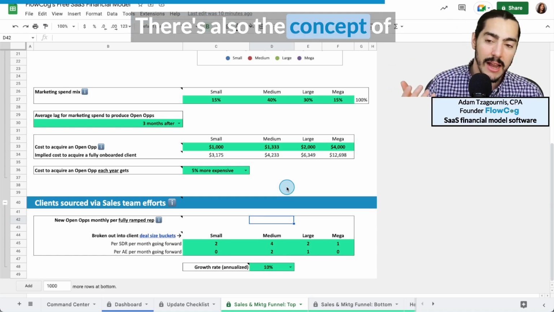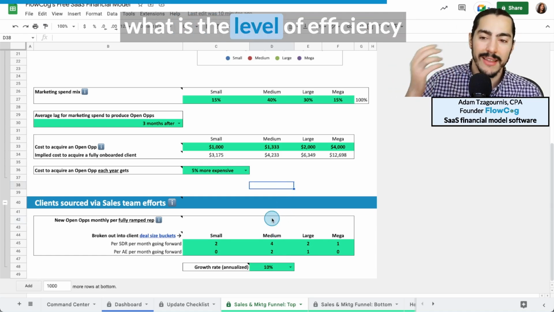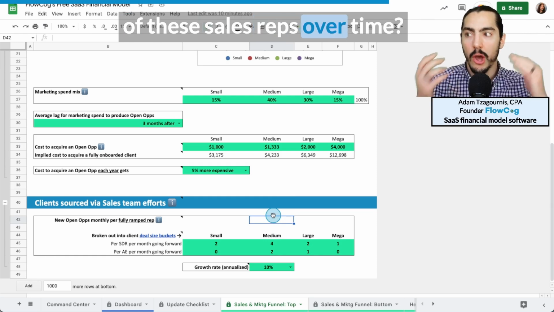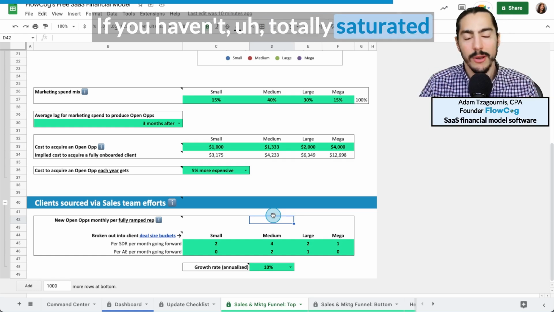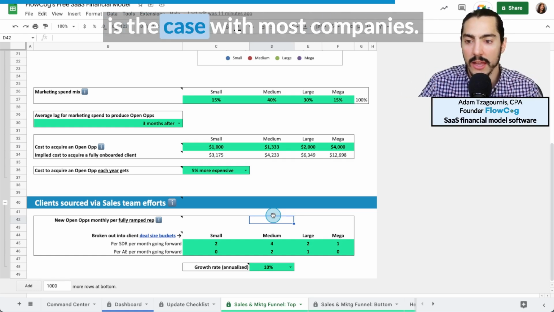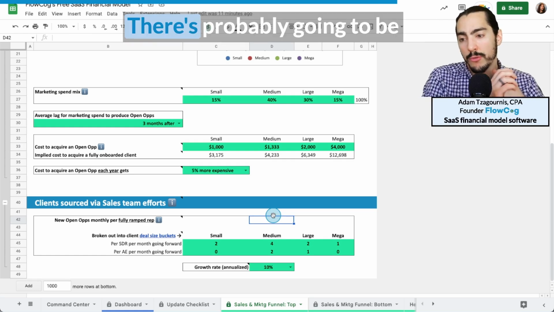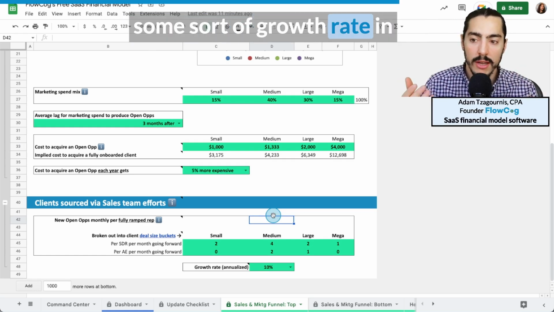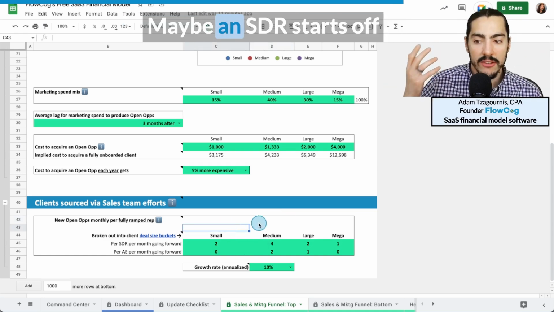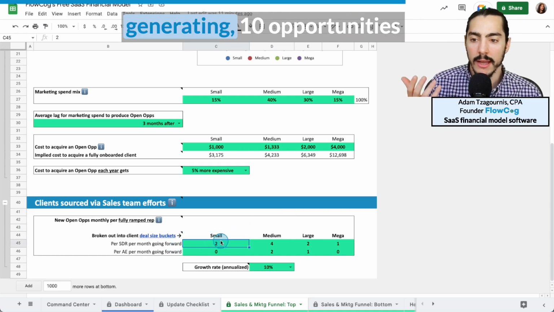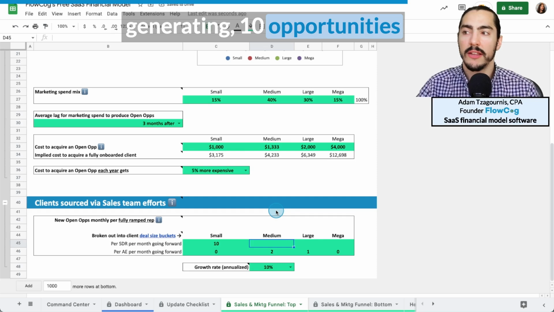There's also the concept of what is the level of efficiency of these sales reps over time. If you haven't totally saturated the market with your product, as is the case with most companies, there's probably going to be some sort of growth rate in terms of sales rep efficiency. Maybe an SDR starts off generating 10 opportunities each month.